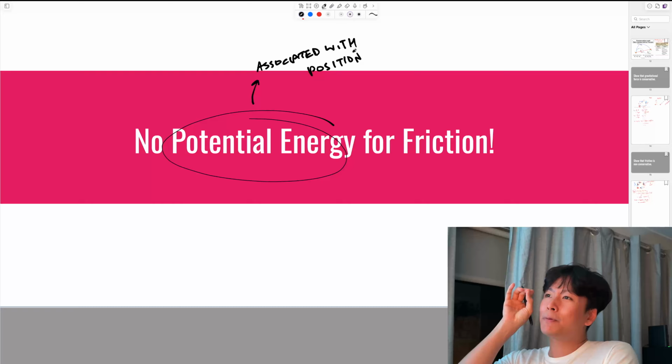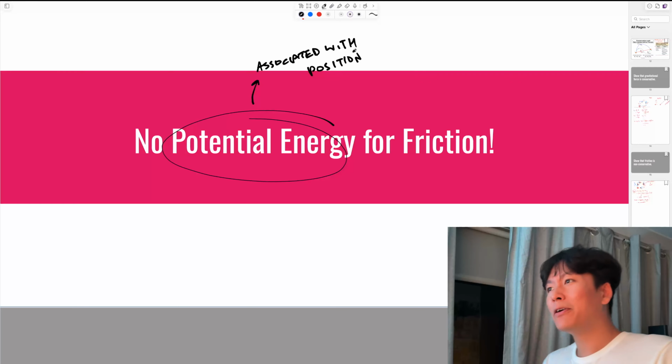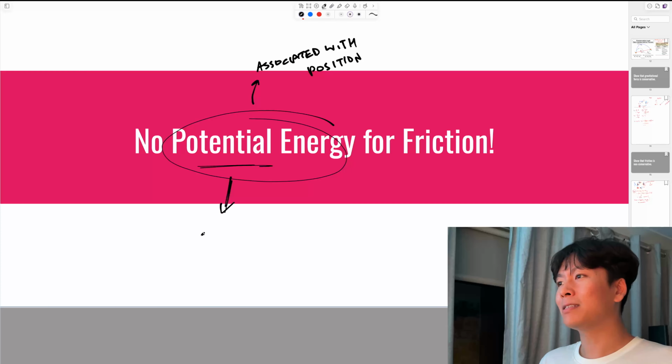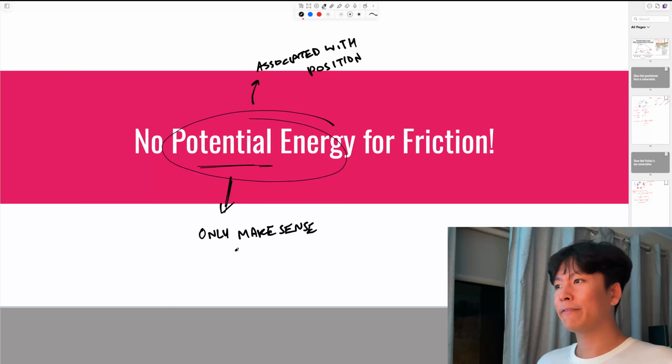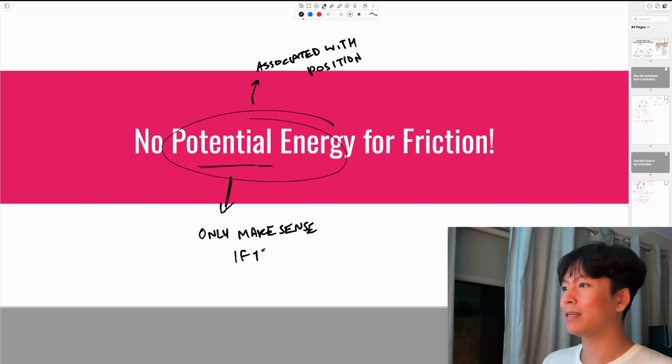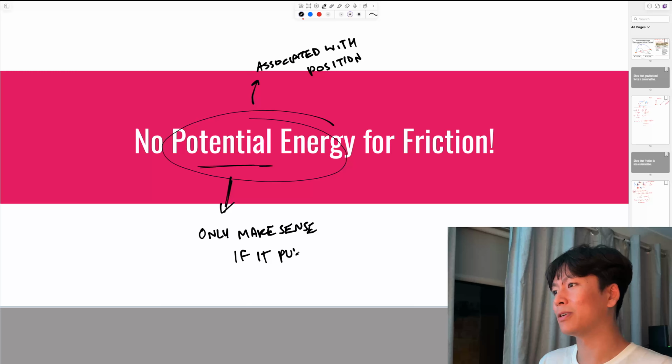And so the idea of potential energy really only makes sense if it can be stated uniquely for a given point, if it purely depends on position.